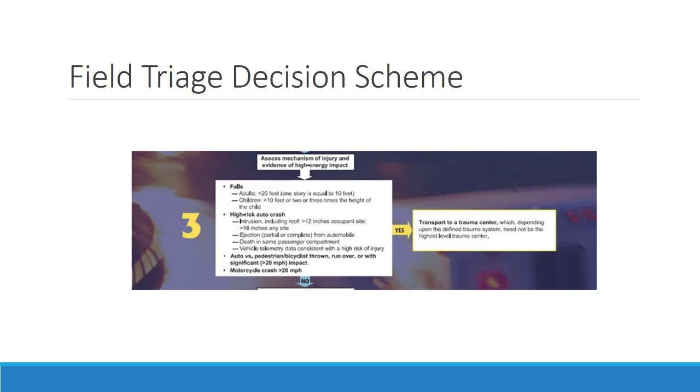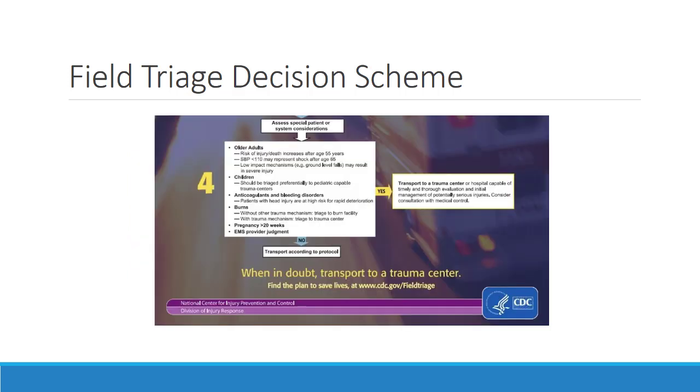High-risk auto crashes, which is a lot of intrusion into the vehicle, ejection, a death in the same passenger compartment, or vehicle telemetry data that is consistent with high-risk injury. There's motorcycle crashes and automobile versus pedestrians as well. So this is step 3. We will talk a lot more about these when we talk about trauma, but these are things to keep in mind as you're doing your primary assessment.